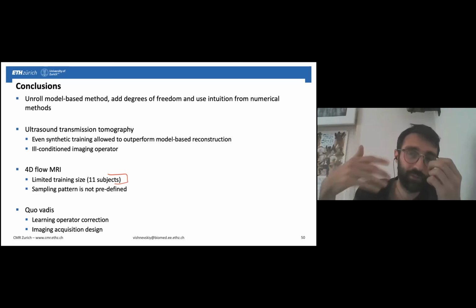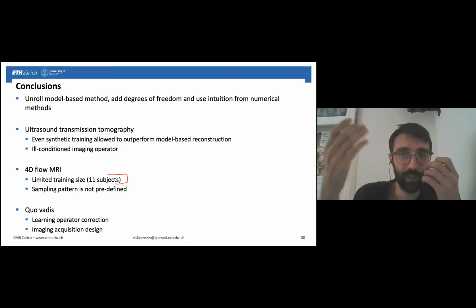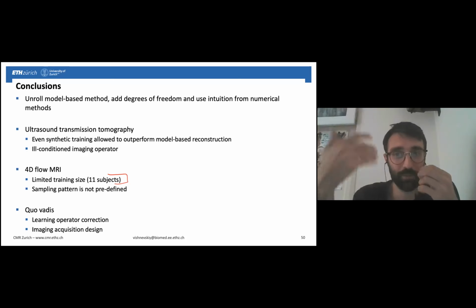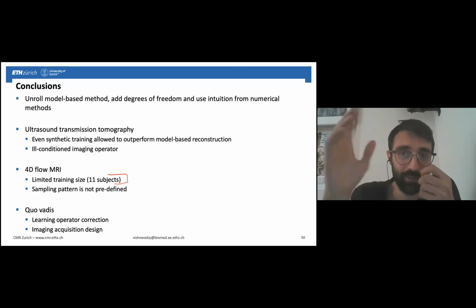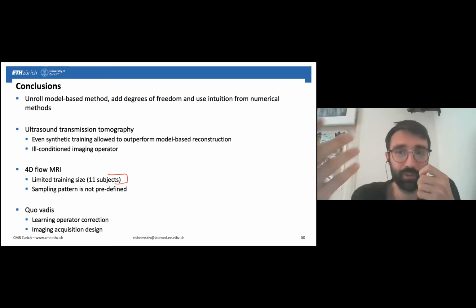Until now we have been optimizing for hand tunability and for seeing the image ourselves as humans, but maybe we can rather incorporate acquisition to further improve these reconstructions.